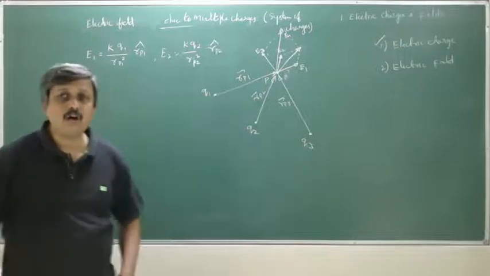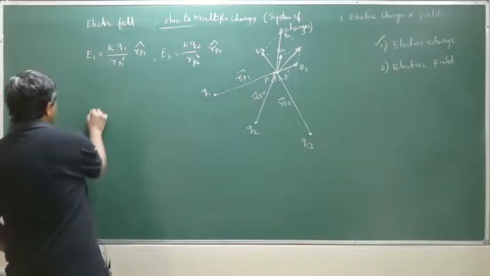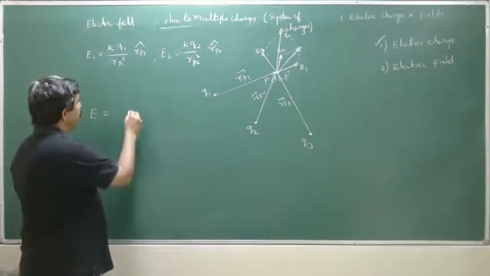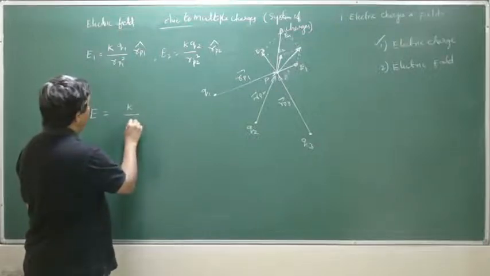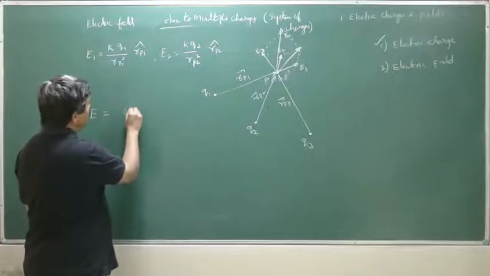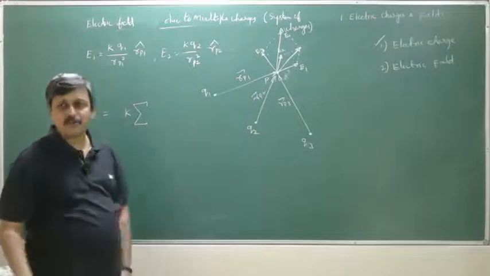If you add all of these, I am going to write it down directly because you have already done it once. E is equal to K into the sum, where K is 1 by 4 pi epsilon naught.